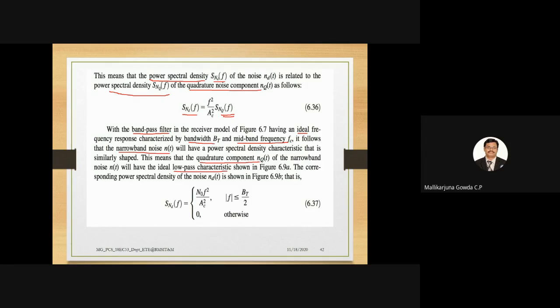So the power spectral density of the noise n_d(t) appearing at the output of the discriminator can be written as S_nd(f) equal to f squared divided by A_c squared into N_0 over this interval, when the magnitude of f is less than or equal to B_T by 2, otherwise it will be 0.